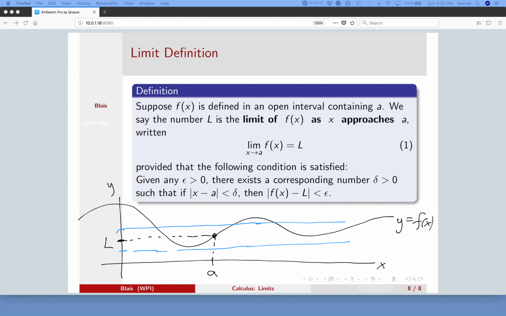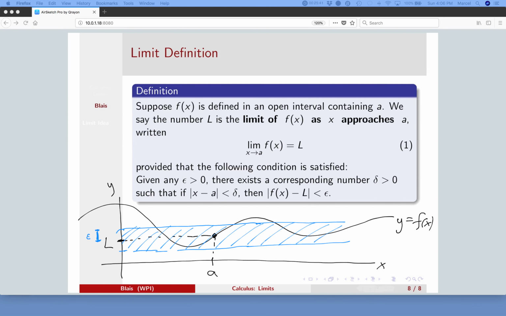So this distance here is epsilon. So we're given this epsilon. We're told, can we choose an interval around a such that if we restrict the choice of x to that interval, then the function will sit inside this blue band.